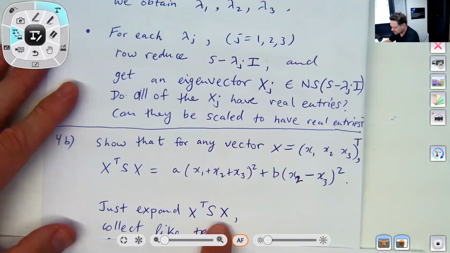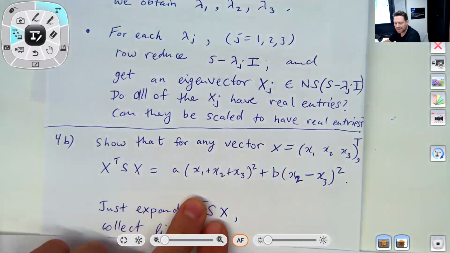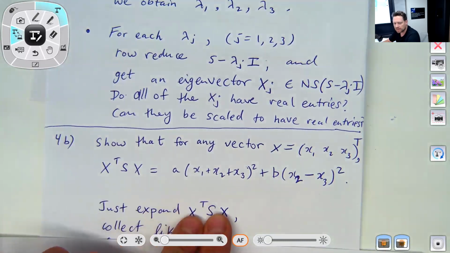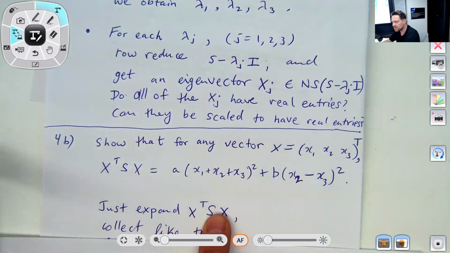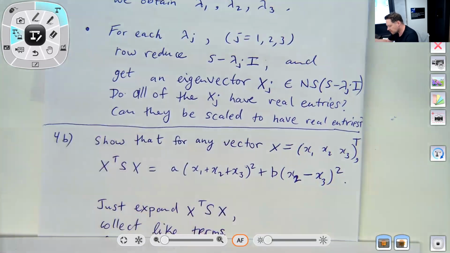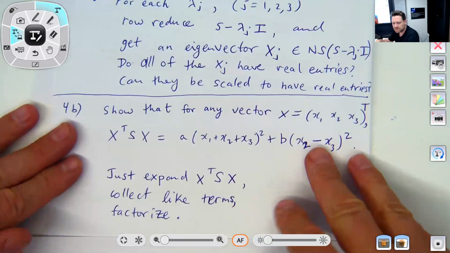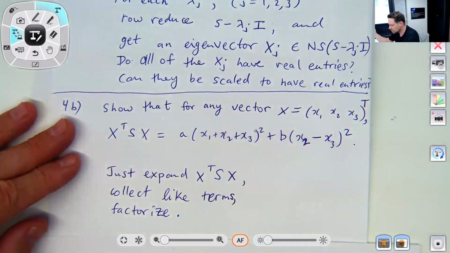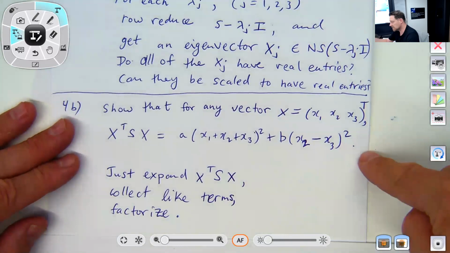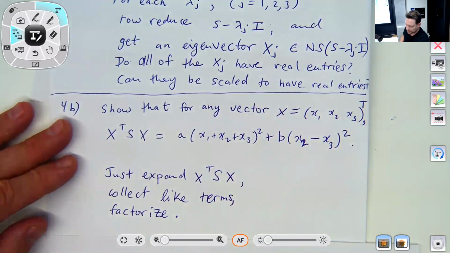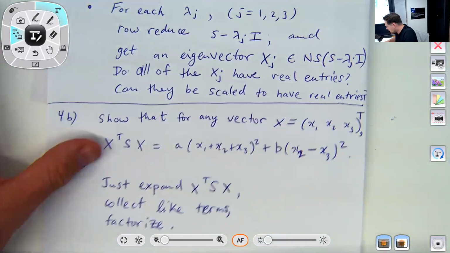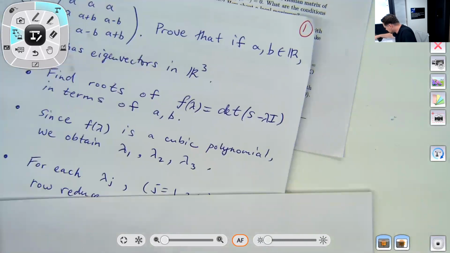You might start with expanding out S times x and then multiplying x transpose times the result, collect like terms, and then factorize. You should be able to get this, even doing it by hand. Okay, let's move on to my next page.